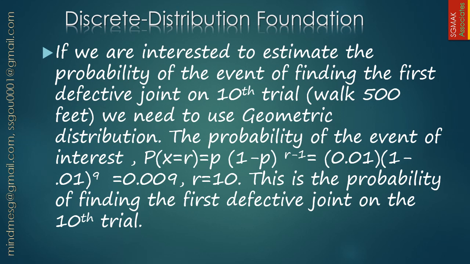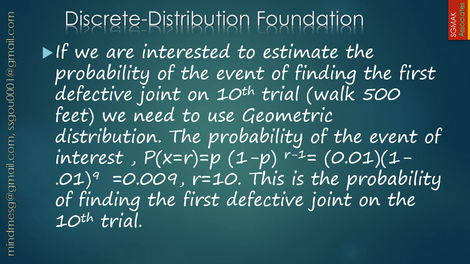What's the probability of this event? You're fixing which trial number, which happens to be 10th, and that 10th trial happens to be the first time we find a defective joint. And that probability using the distribution comes out to be 0.009.